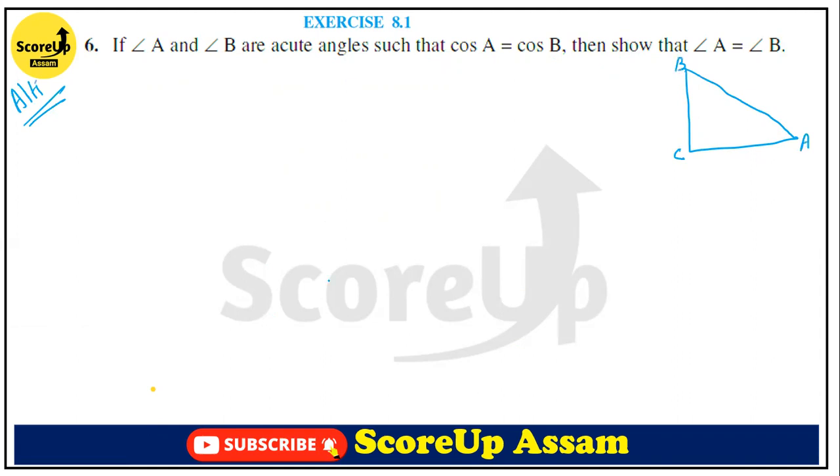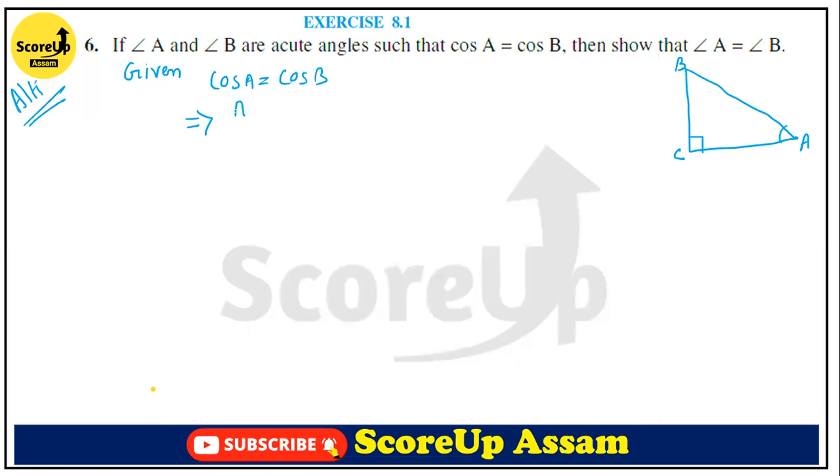So cos A, what will be cos A? Given that cos A is equal to cos B, right? In case of cos A, it will be base by hypotenuse.